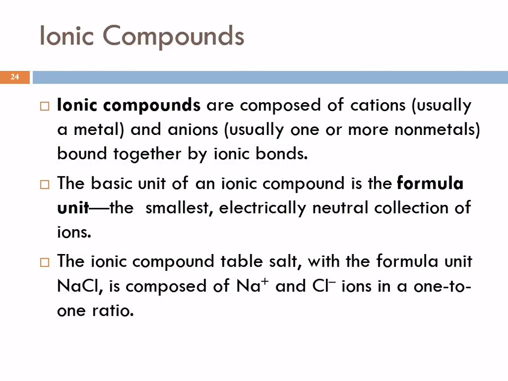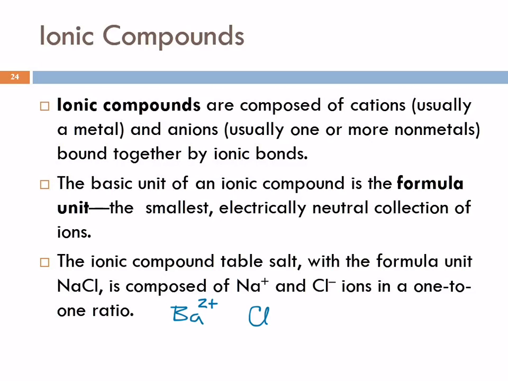So it's a little bit like an empirical formula. For every 1 sodium ion, there's going to be 1 chloride ion. And so that's why the formula is NaCl. If we had perhaps barium, what charge does a barium ion have? +2, because it's in group 2 of the periodic table. That's how we know.